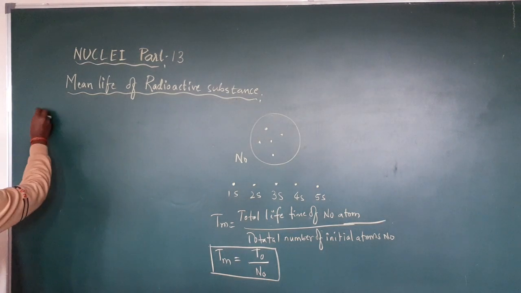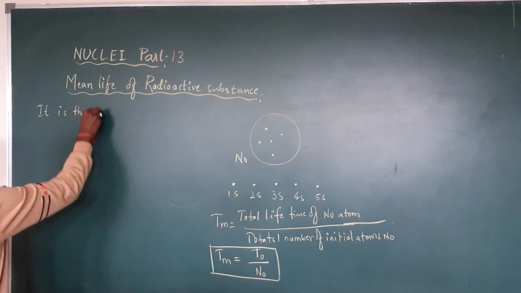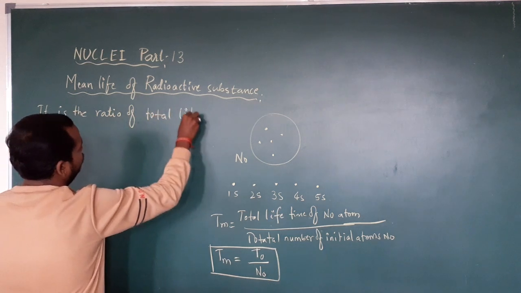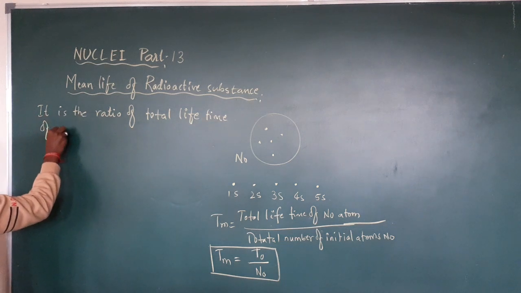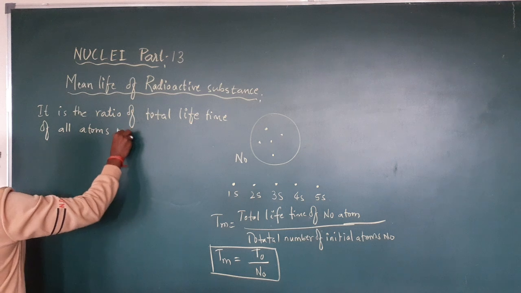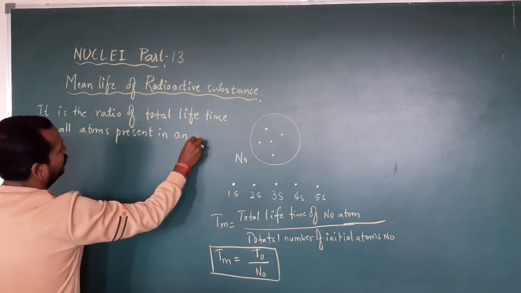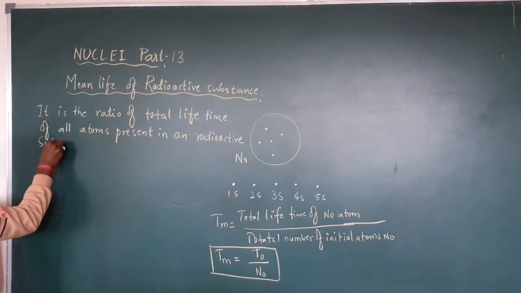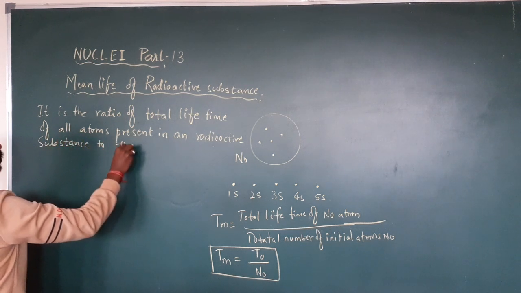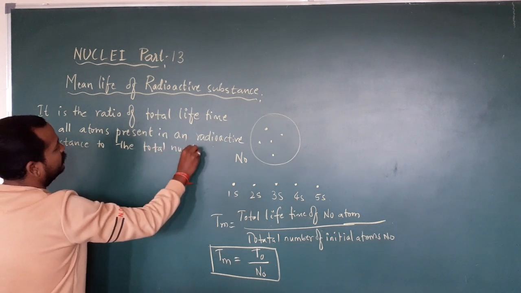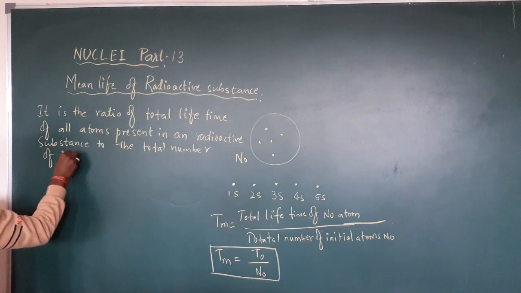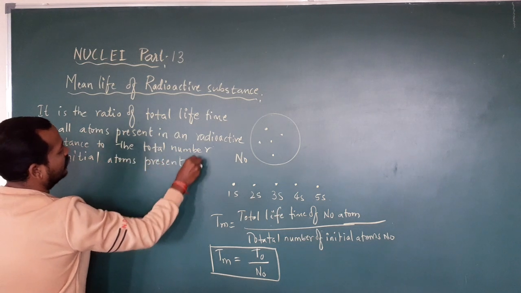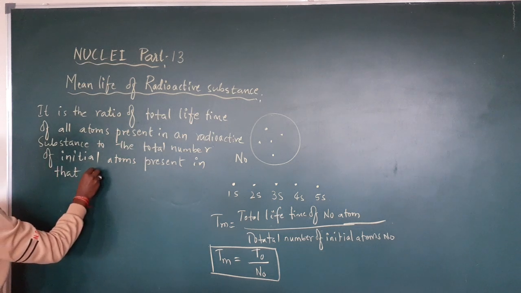So you can define it: it is the ratio of the total lifetime of all atoms present in a radioactive substance to the total number of initial atoms present in that radioactive substance.